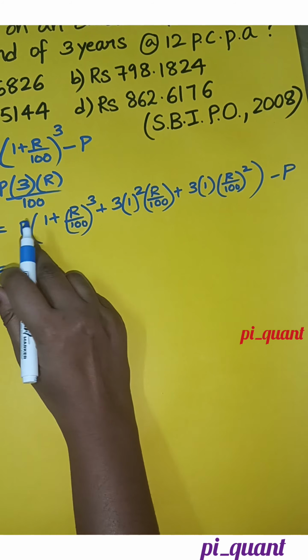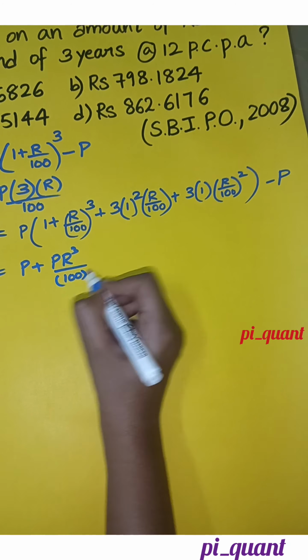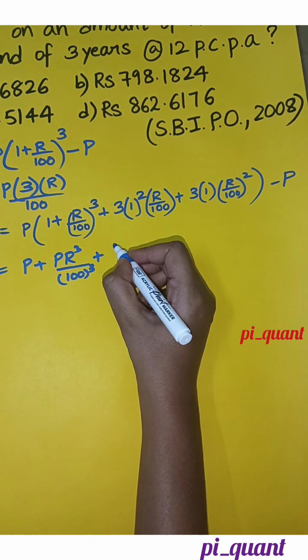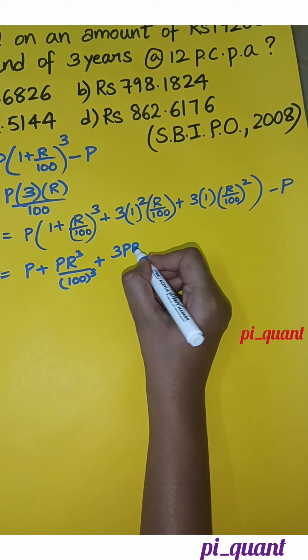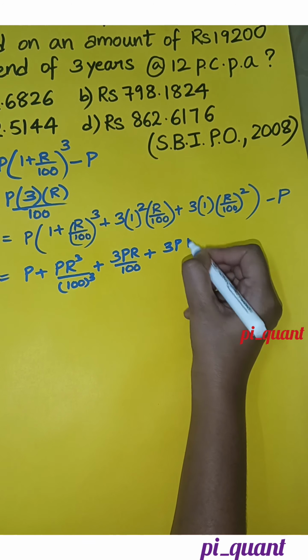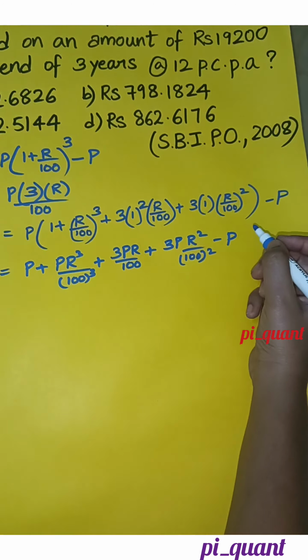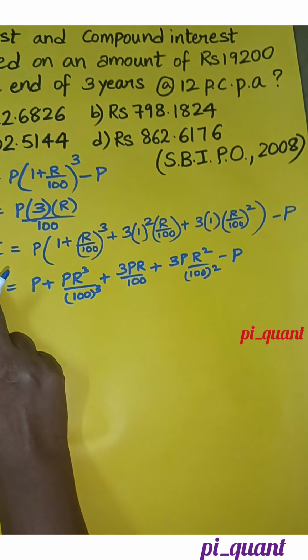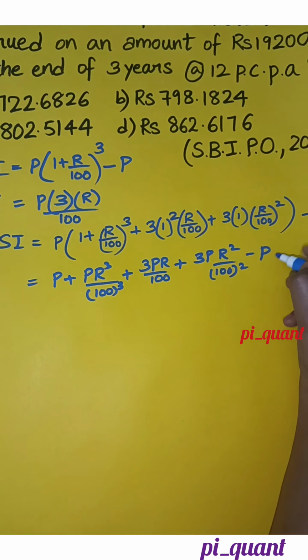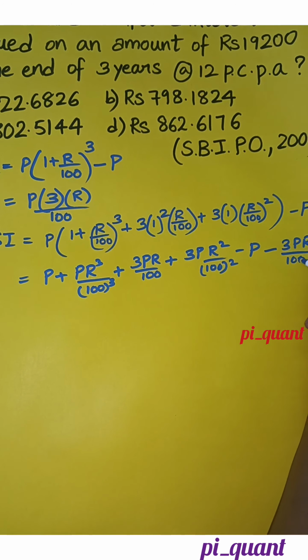From here we resolve this bracket as well. P r cube by 100 cube plus 3pr by 100 plus 3pr square by 100 square minus P. SI is nothing but this value, so minus 3pr by 100.